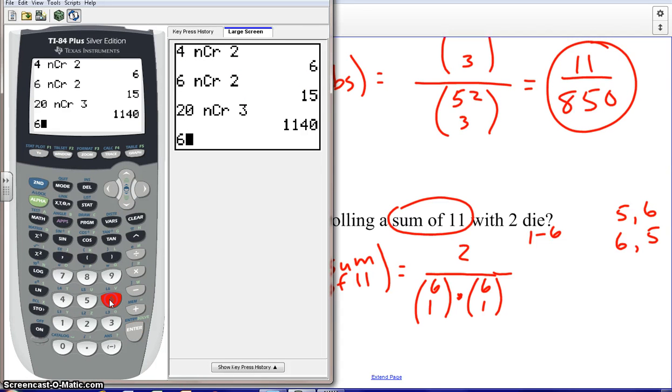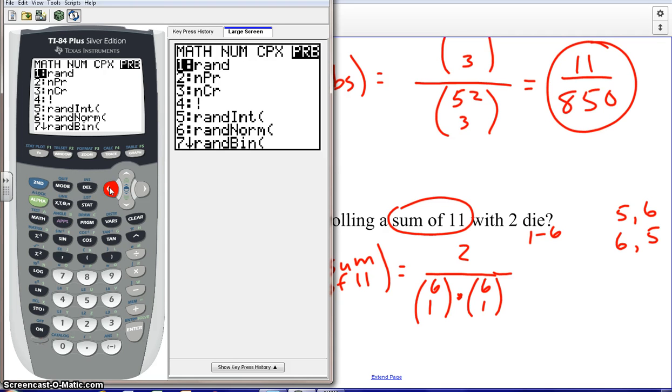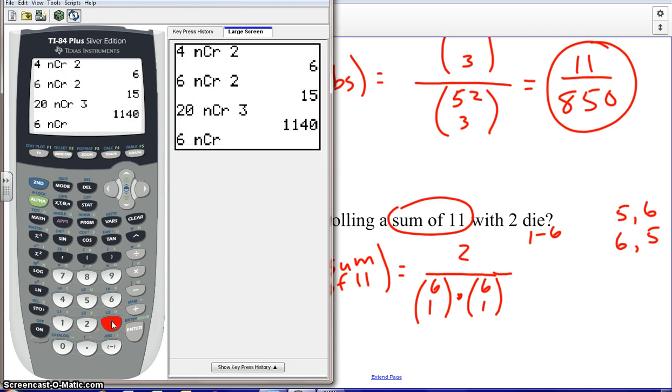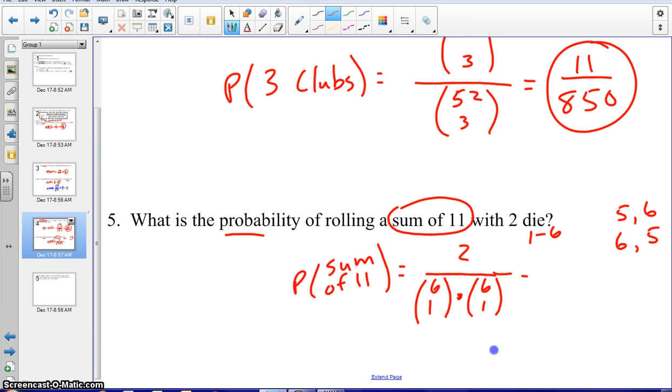So we'll have 6, go to Math, PRB, combinations. So we get that to be 6. So it will be 2 over 6 times 6, which will give us 2 over 36, which is 1 over 18.